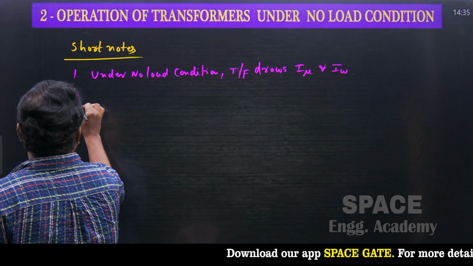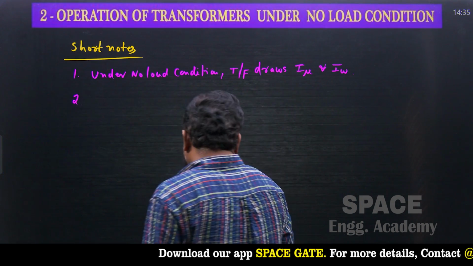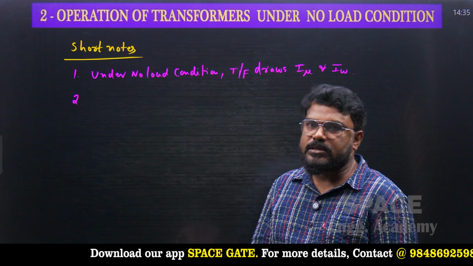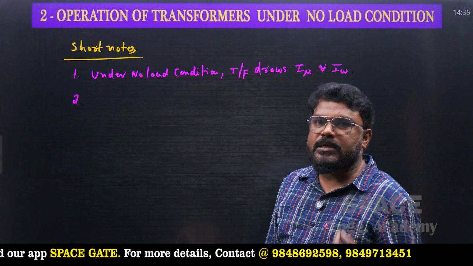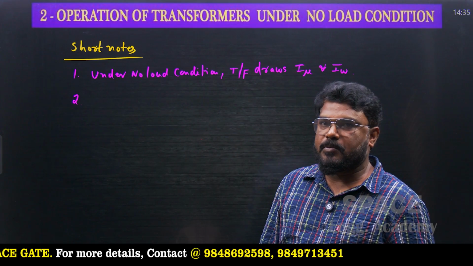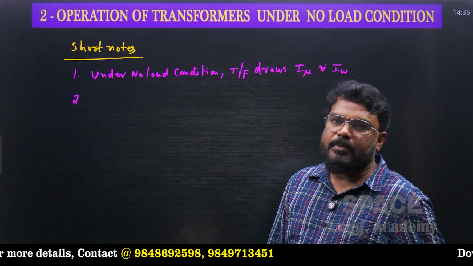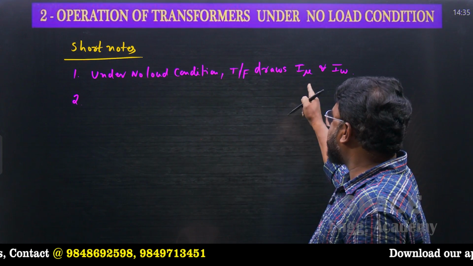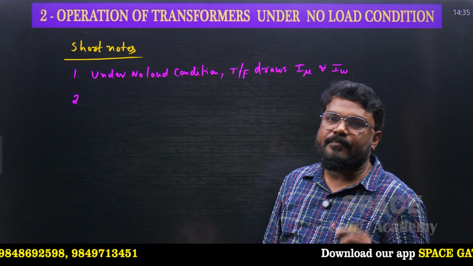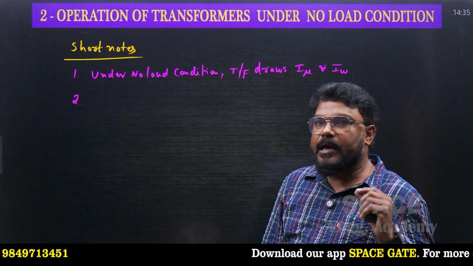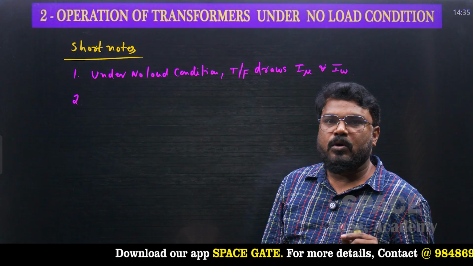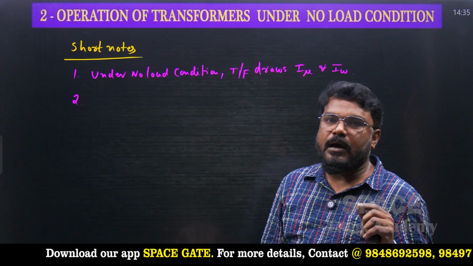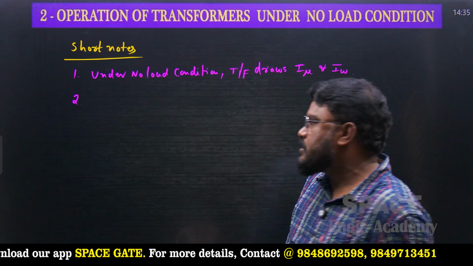Next point is magnetizing current. How do we represent the magnetizing current in the transformer, and what is the order of the magnetizing current? Magnetizing current is represented with the magnetizing reactance parameter. It creates the flux in the transformer, so the suitable element is a reactance, an inductive reactance element.